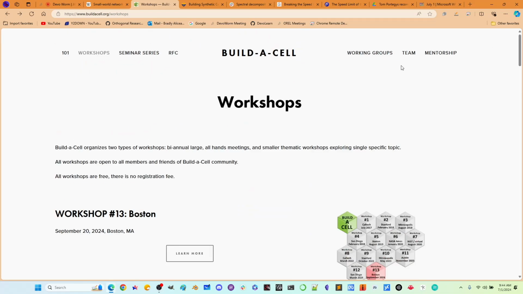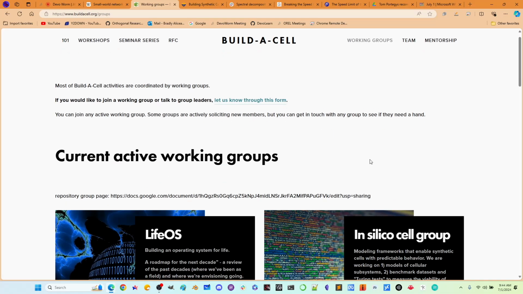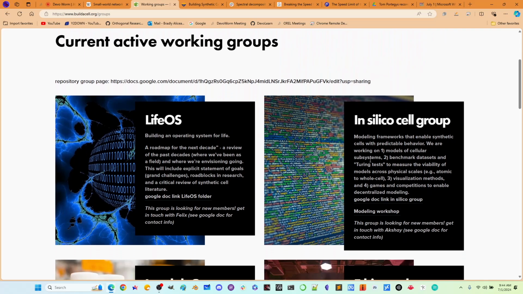Let's see if they have anything on those working groups that may be useful. So they have these working groups. One is Life OS, which is building an operating system for life. This is where you're trying to define how to have an operating system for a cell.